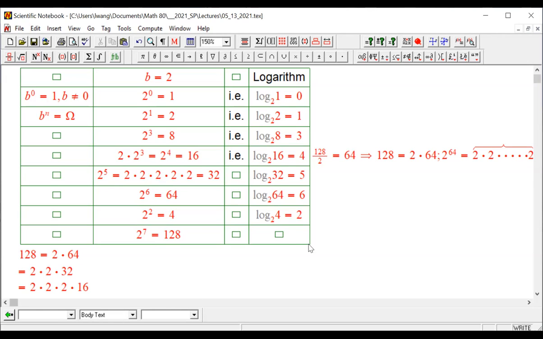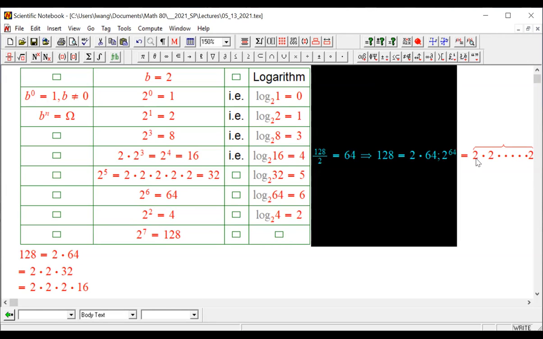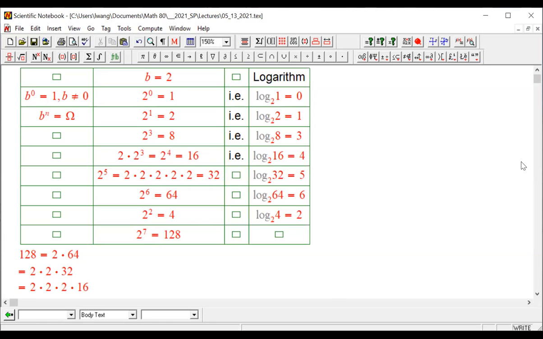So how do you write the logarithm form? How do you write the logarithm form here? This is our transition to logarithm. How do you write it?